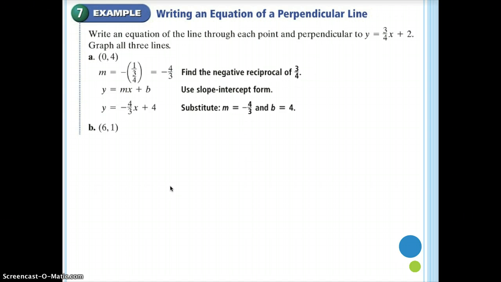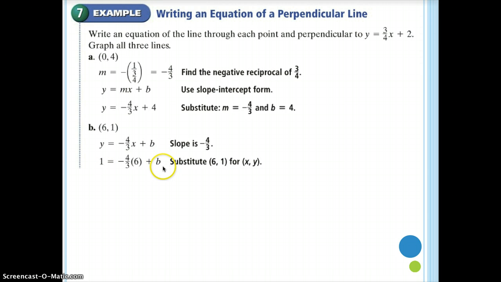Now the book here is going to use slope-intercept form, which is something you're also welcome to try. And this is the method I personally used when I was in high school, but it's up to you, whatever you think. So we're going to plug in our slope into the m, and since these values here are sample solutions of y and x, we can plug them into where we see x and y in slope-intercept form.